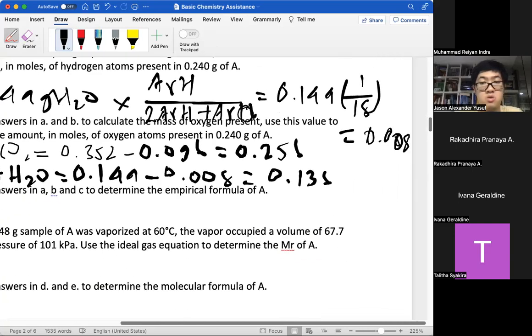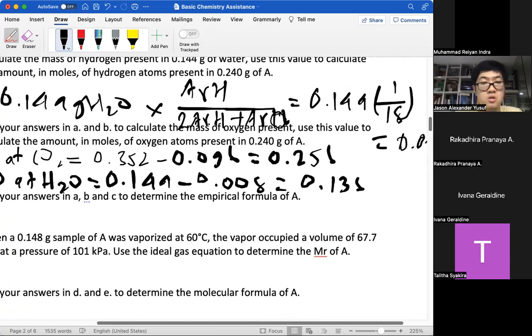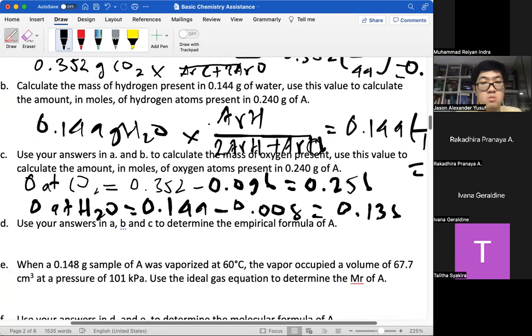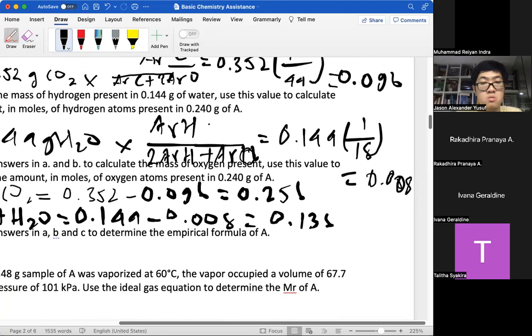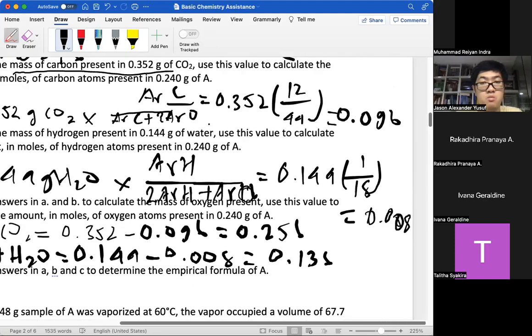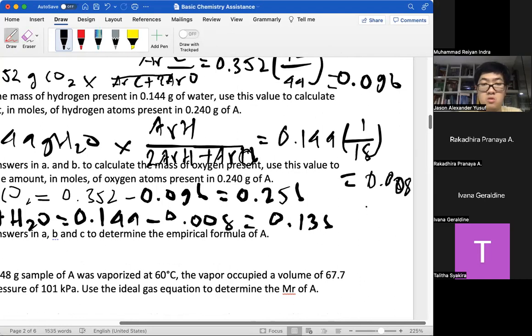Okay, and so the total mass would be, all we have to do is just add these two and we will get 0.392.